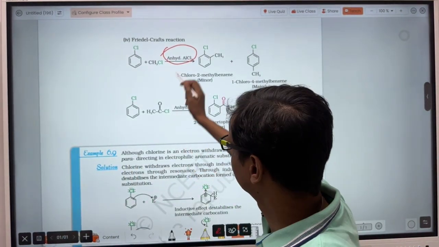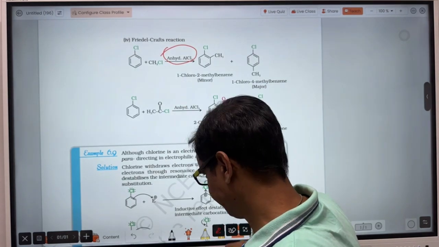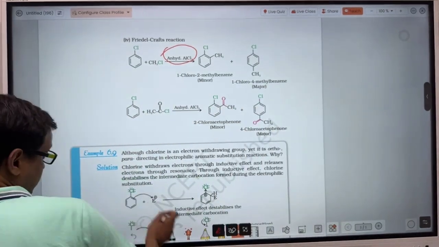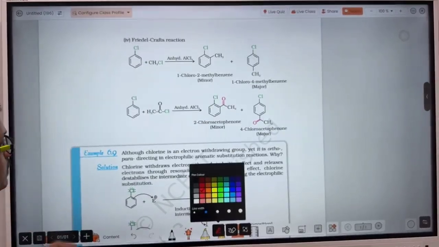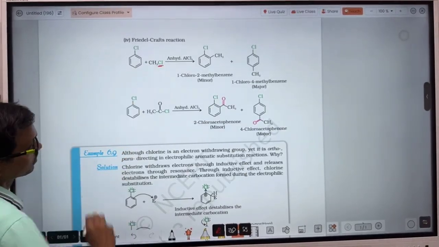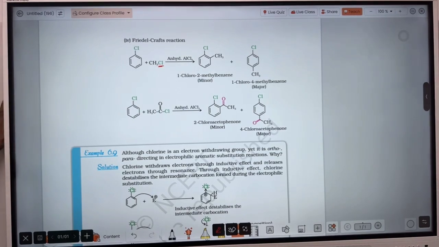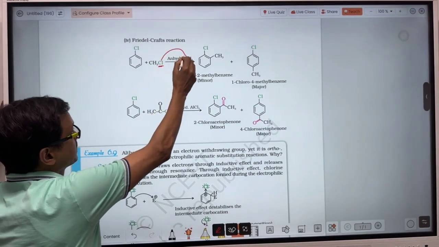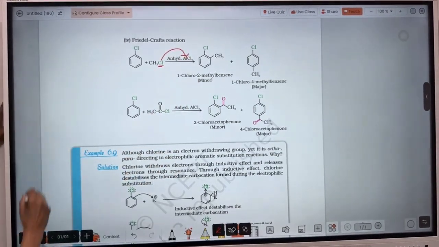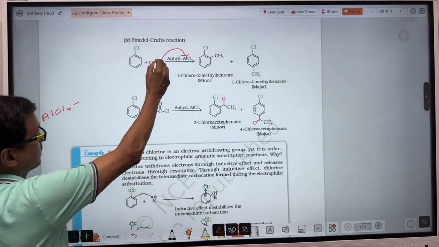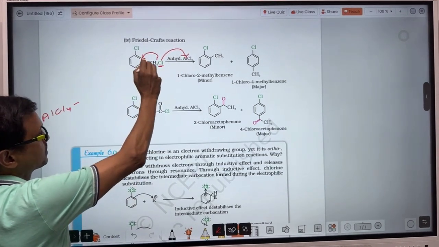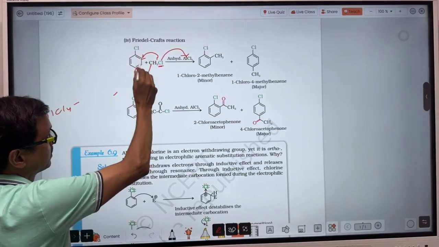Same here, in short I am telling, not in detail, as I have already taught you in detail. This chlorine atom will take the electron of its own as well as of the carbon atom. That will combine with anhydrous AlCl3 and become AlCl4 minus. And the alkyl part will combine with either the ortho position or the para position.